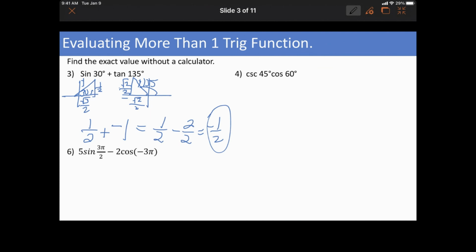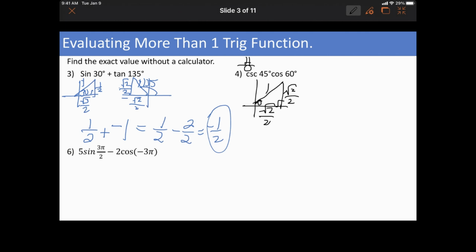All right, cosecant of 45, first quadrant, root 2 over 2, root 2 over 2, 1. So cosecant is, what is cosecant? It's the reciprocal of sine, or hypotenuse over opposite.